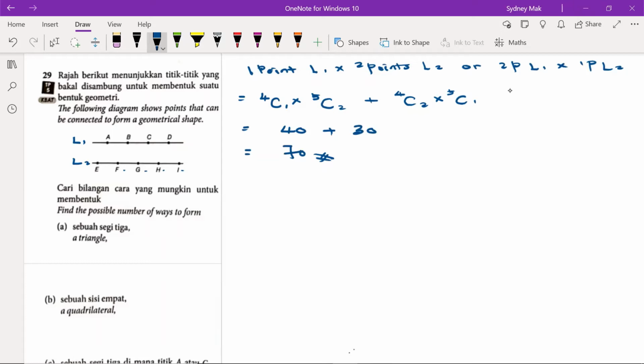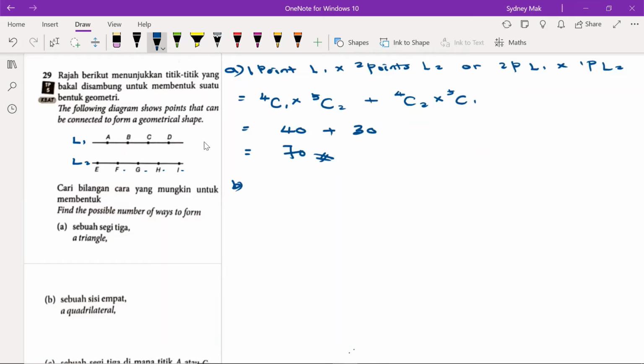Let us move on to part B. To form a quadrilateral, we have only one way, that is 2 from L1, 2 from L2. It is impossible to have 3 points on L1, as that won't give us a quadrilateral.